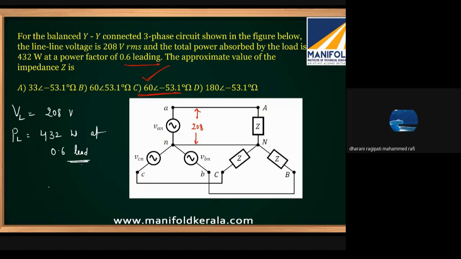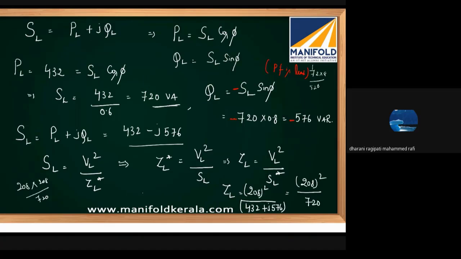So 60 at 53.1. Sir, how do we get 53.1? If you calculate the phase angle of this term, that is tan inverse 576 by 432, the ratio will be greater than 1, so the angle will be higher than 45 degrees.